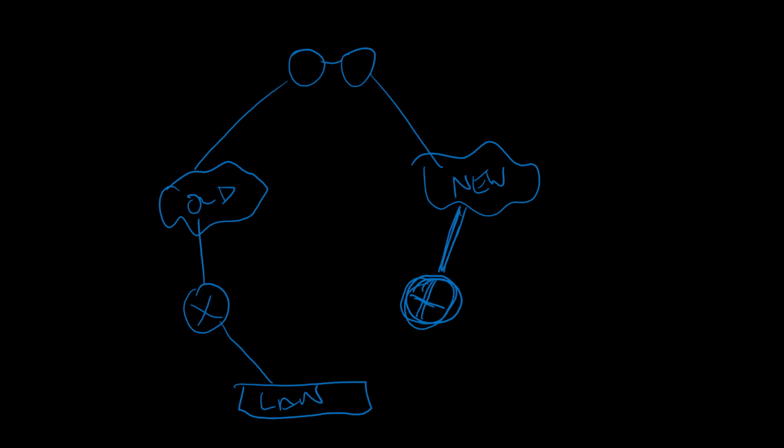So we get the new link installed and then we get the new router installed. The next step would be to arrange a change window and then remove the old circuit and connect the new circuit.